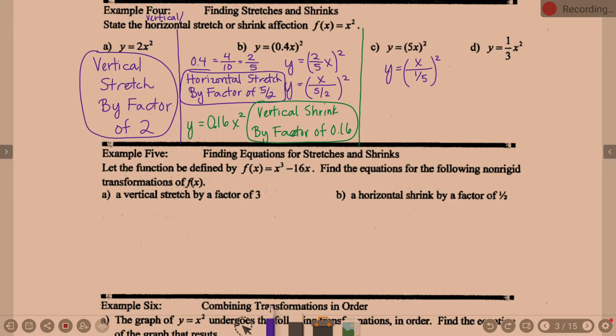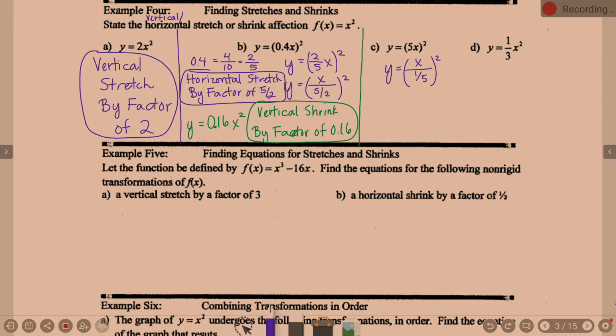So the idea of multiplying something by 5 would be the same thing as dividing by the reciprocal. The reciprocal of 5 is 1 over 5. I heard you guys get that straightened out amongst yourselves, right? So multiplying by 5 is the same as dividing by 1/5.